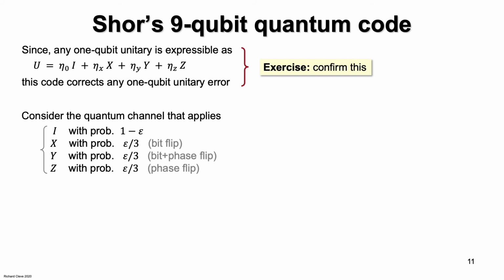And a Y error is like flipping the bit and the phase. This channel leaves the state alone with probability 1 minus epsilon, and with probability epsilon does one of the three flips, each with equal probability. We've actually seen this channel before, but in a different form. Do you recognize it?